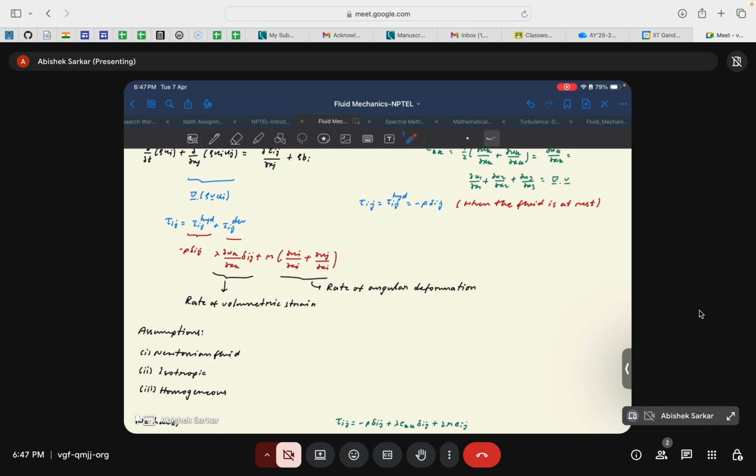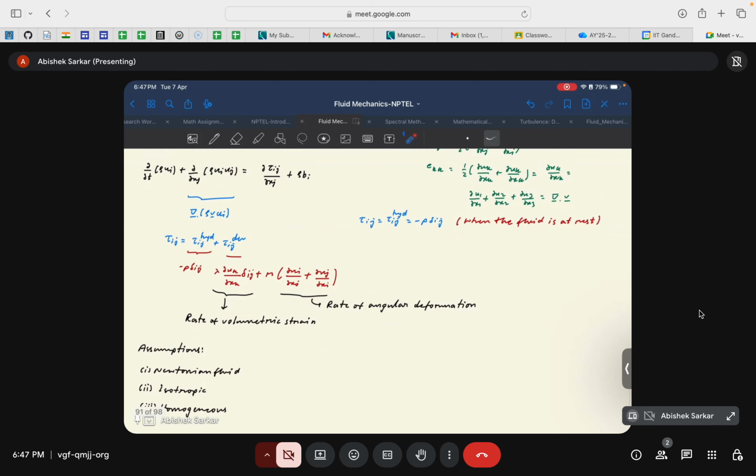Now you can see that this part basically represents the rate of angular deformation. And this part in the deviatoric stress component represents the rate of volumetric strain, and that arises only in the normal components of the stress tensor. So now you know that if the fluid is at rest, the stress tensor basically boils down to the hydrostatic stress tensor, which depends only on the pressure.